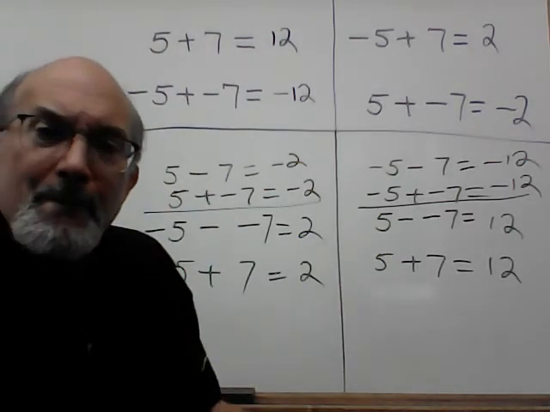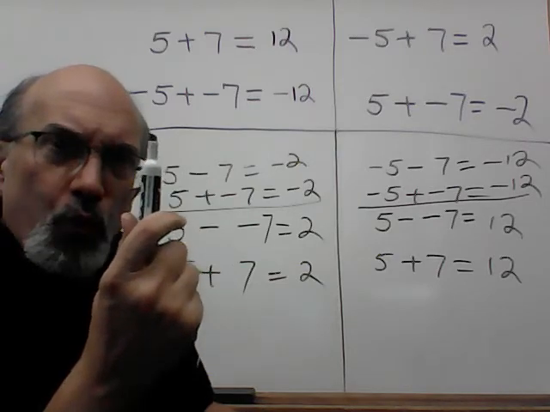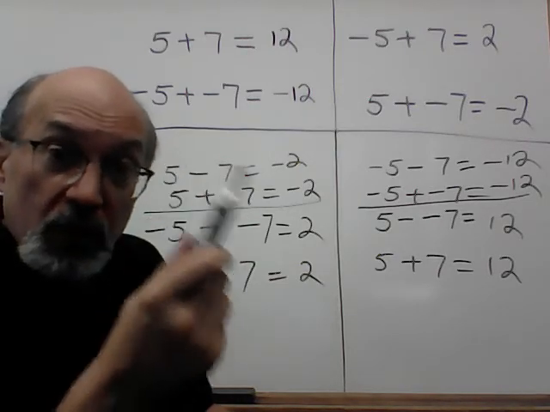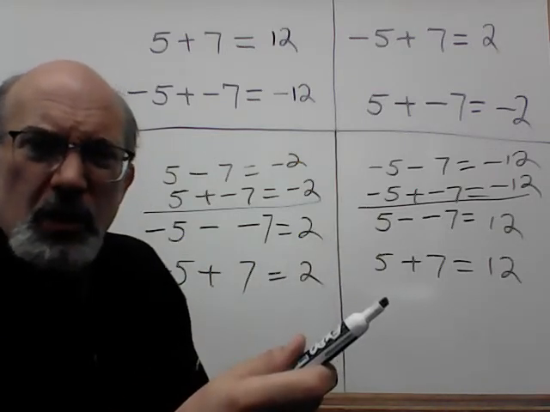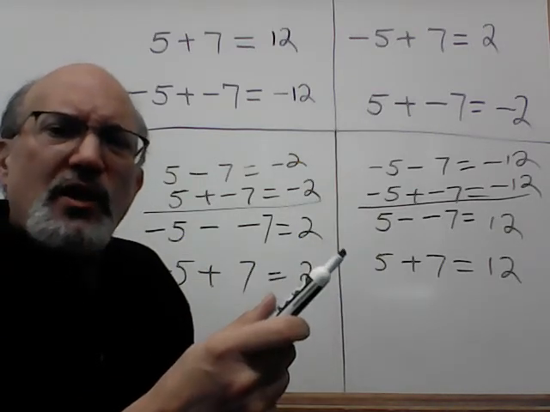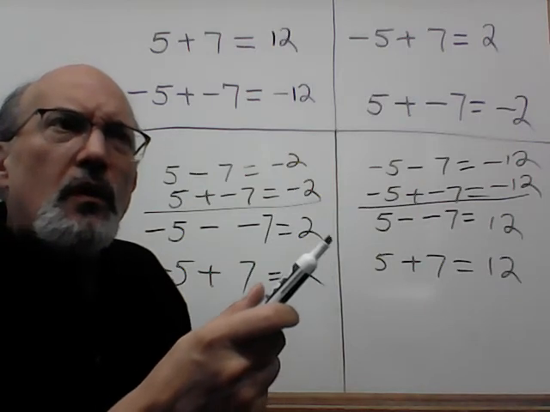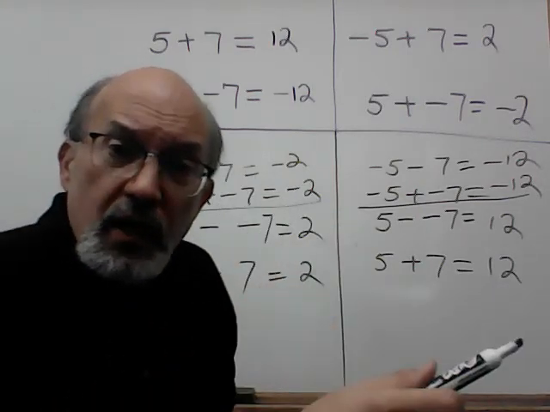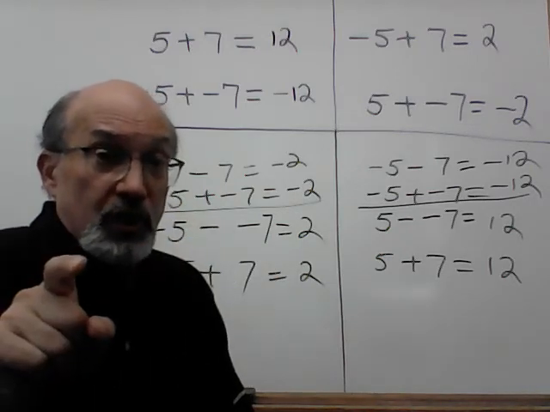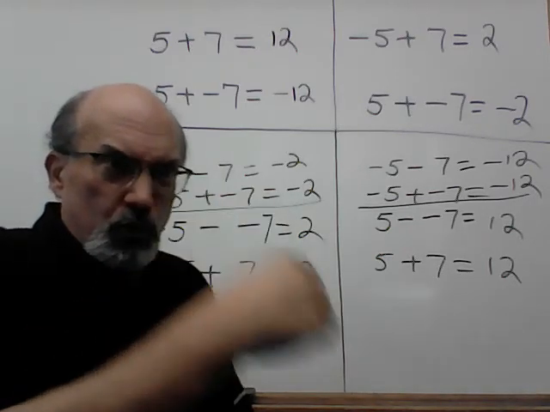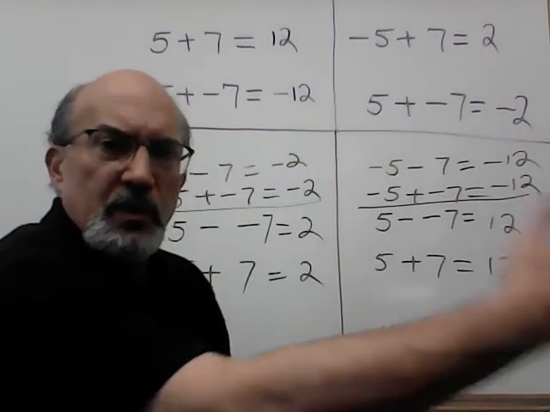Now, one way, a really good way that I want you to commit to memory, get very used to, is this definition of subtraction: to subtract a number, you add its opposite. And notice when we're doing that, the first number doesn't change. We're subtracting a number. The number on the right is being subtracted.